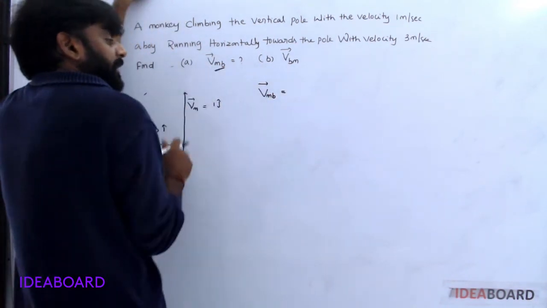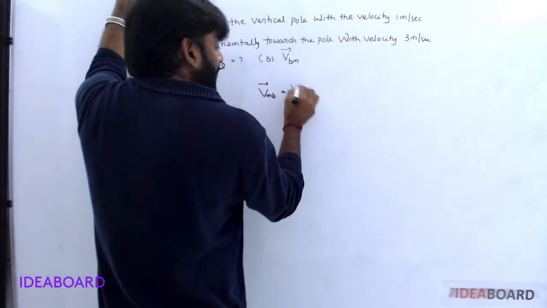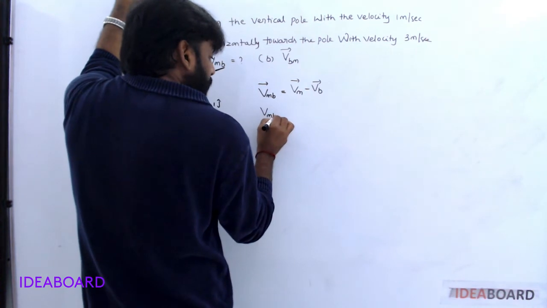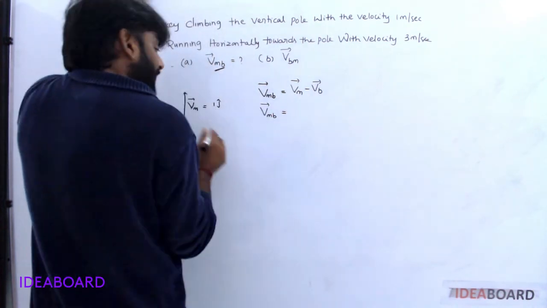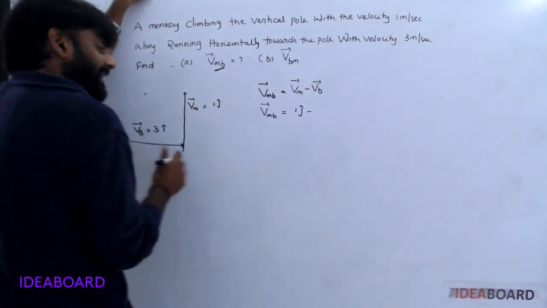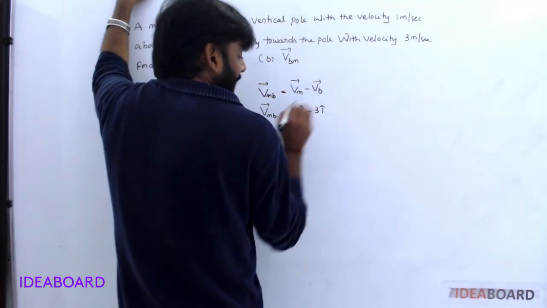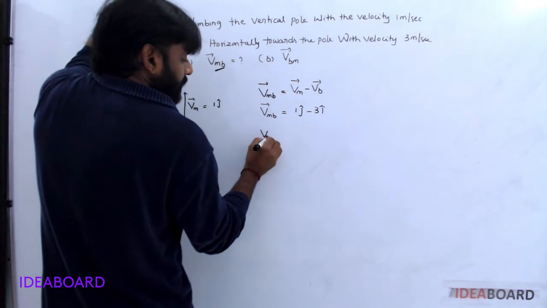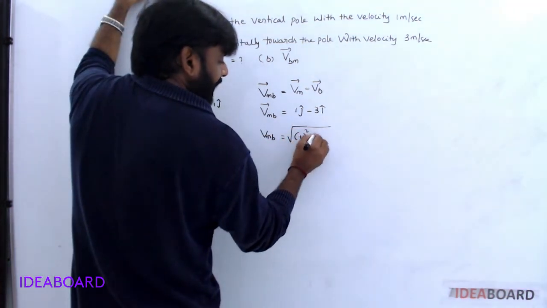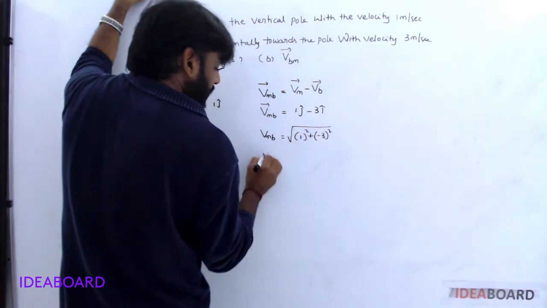Monkey with respect to boy means monkey velocity minus boy velocity. What is the monkey velocity here? 1 j cap minus, what about boy velocity? 3 i cap. Okay, so magnitude is square root of 1 squared plus minus 3 whole squared.